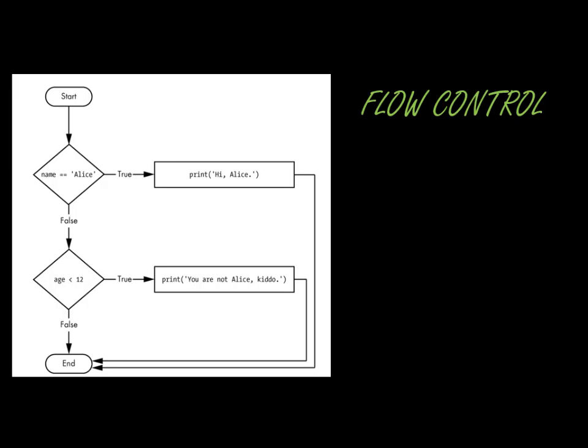If the age is less than 12, you're not Alice. All right, so it gives us, again, some options. It can be a little cumbersome to work with, but in the cases where you need to use an if flow control statement, this will take care of you and do an exceptional job for you.